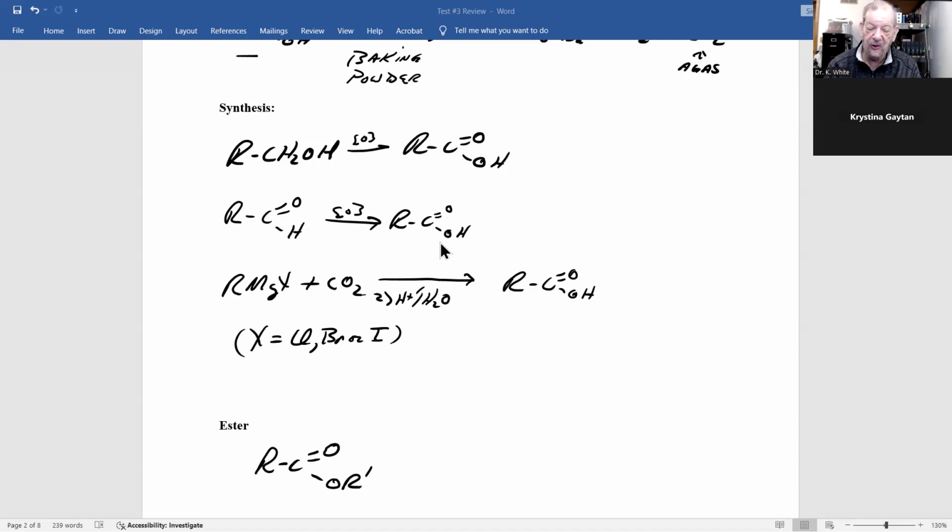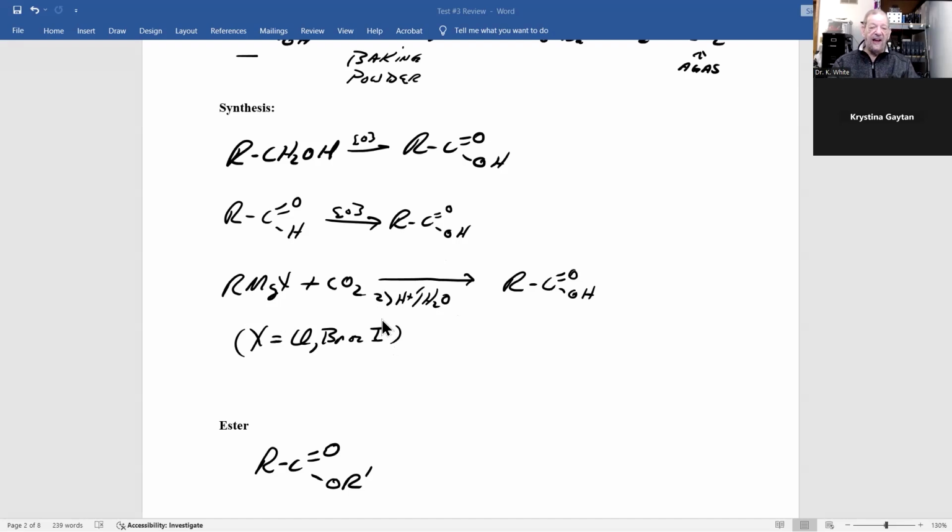Now, a really cool reaction is when you take a Grignard reagent and react it with carbon dioxide. Sometimes it's done with dry ice. That's why it's so cool. Bad joke. Anyways, second step, acid and water. You get a carboxylic acid that's 1 carbon longer than the R group. Here, X can be chlorine, bromine, or iodine.